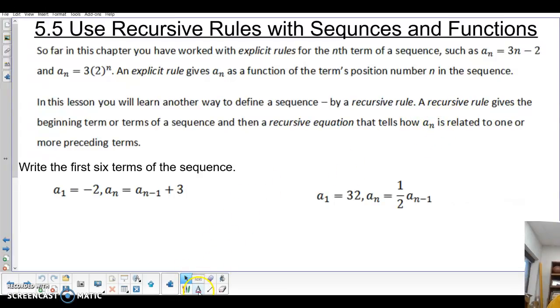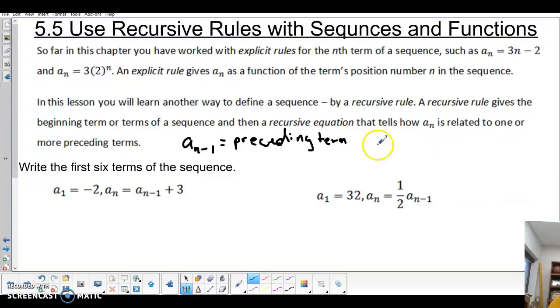Now that said, you're going to see some symbols like this as well. If you see a sub n minus 1, so if a sub n is the nth term, a sub n minus 1 means the term that came right before it, or the preceding term, meaning the term that came right before the nth term.